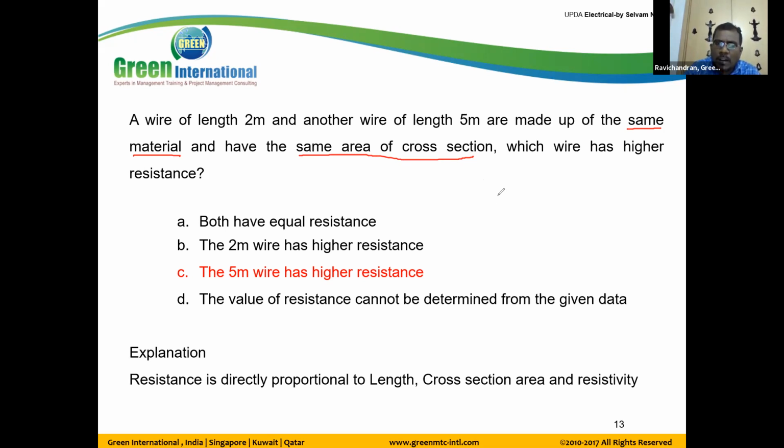So what is the formula? We have two wires. Here they are, wire 1 and wire 2. Wire 1 has a resistance of R1. Wire 2 has a resistance of R2.